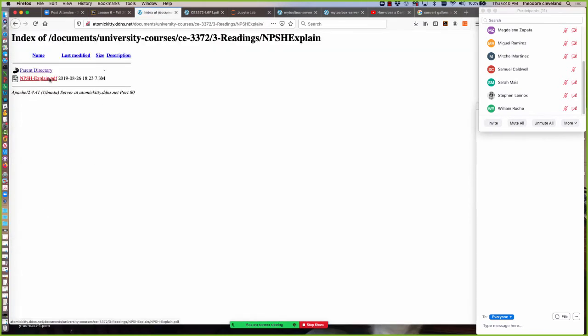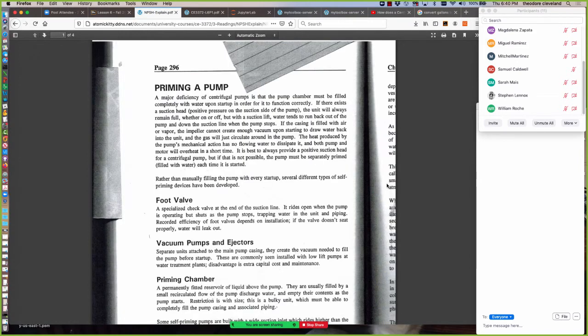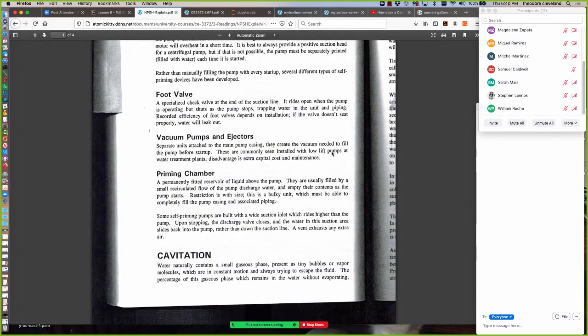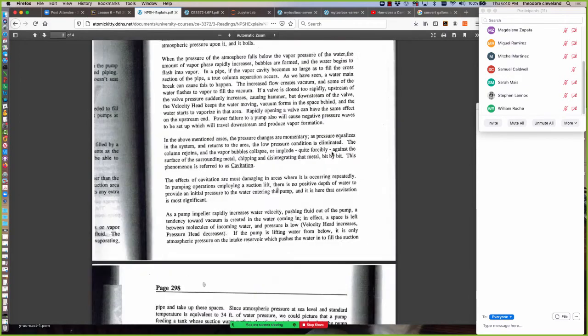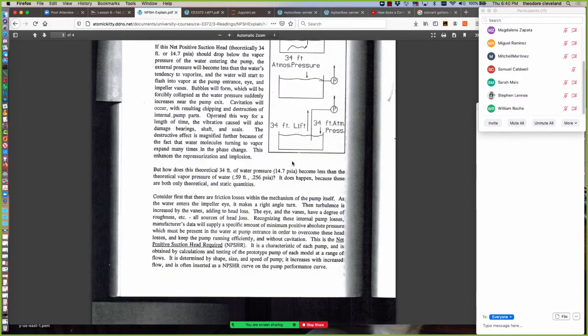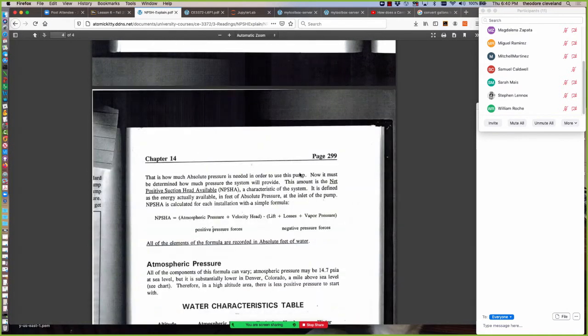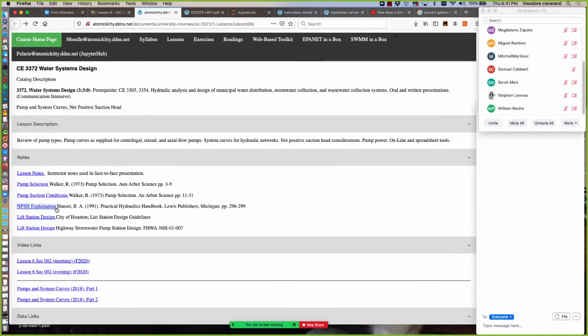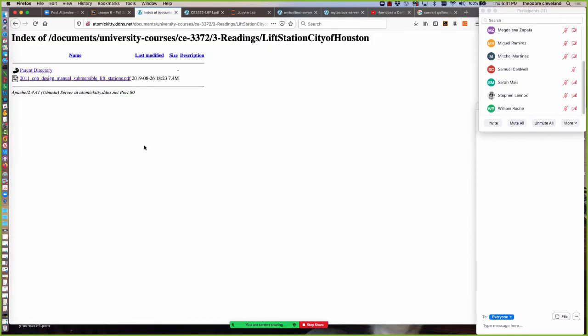An alternative explanation is from a book called Basic Hydraulics by Barbara Hauser, and it discusses the issues of priming pumps, cavitation, and has some good diagrams, and discusses net positive suction head available. The last 2 examples, one is a lift station design.